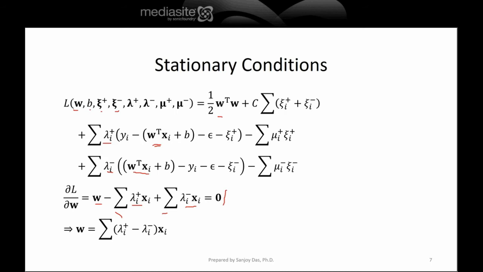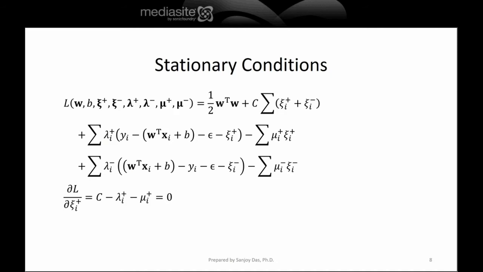Whence we get an important expression for the weight W in terms of the Lagrange multipliers and the sample points Xi. W equals summation of lambda i plus minus lambda i minus times Xi.